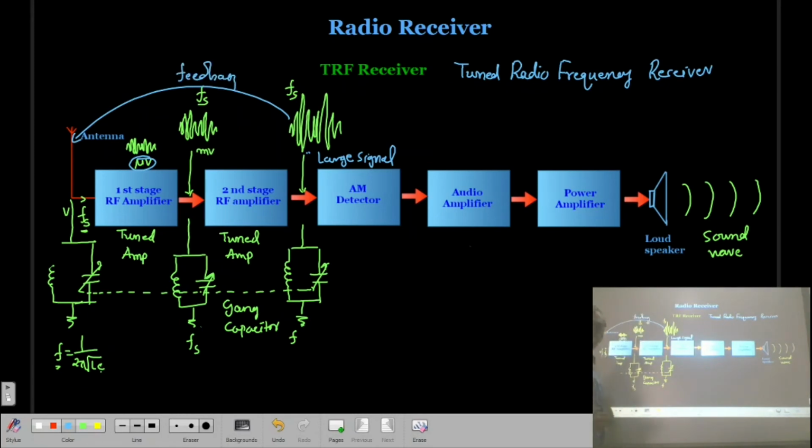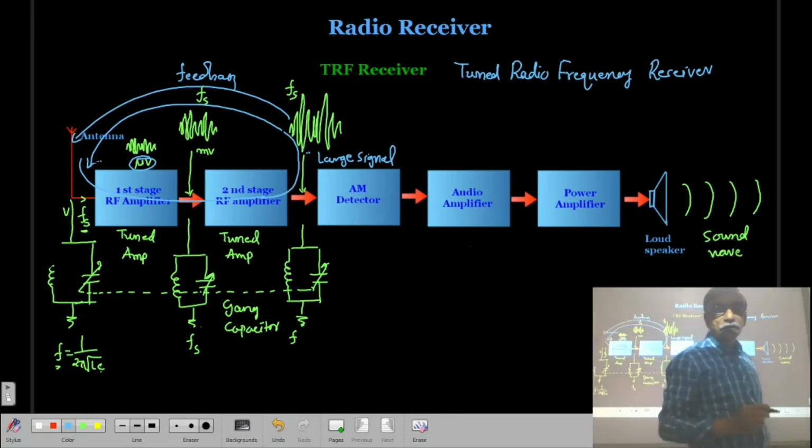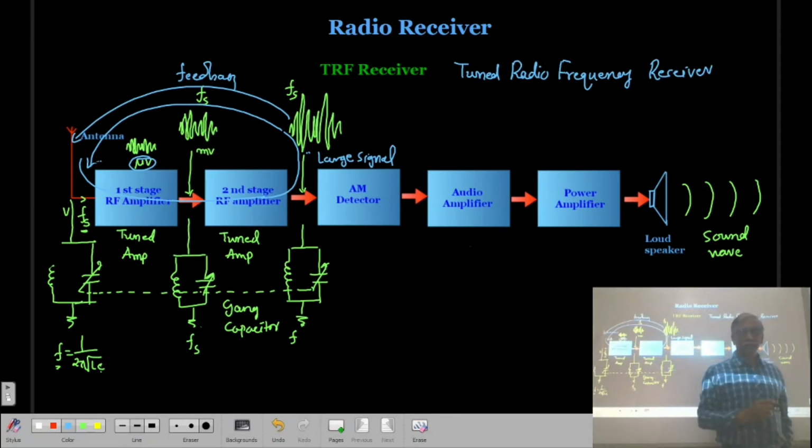And we know that if we have positive feedback, then it will start oscillation. So sometimes this large signal which is amplified by the amplifier circuit is picked up by the antenna, then this signal is again amplified and again enters this radio through the antenna, so it will start the oscillation.